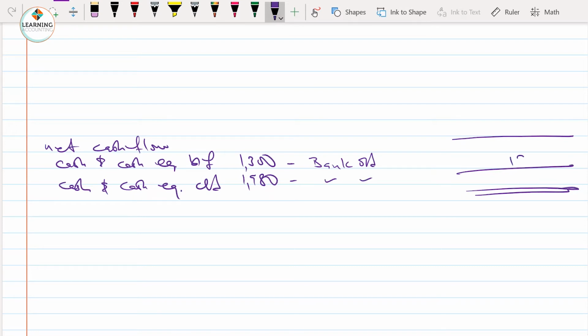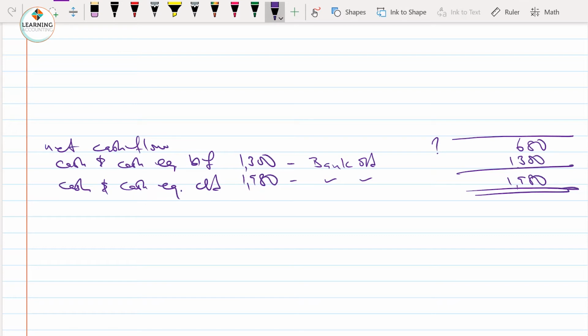So this will remain 13, and this remains 1980. So what's our net cash flow? From this, our net cash flow is 680, which is more like the final figure we are looking for in this question.